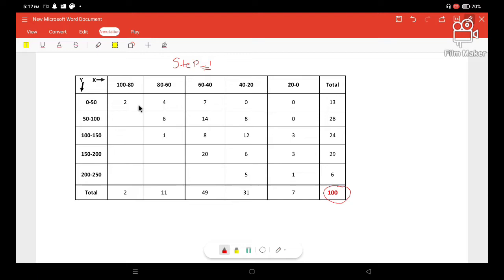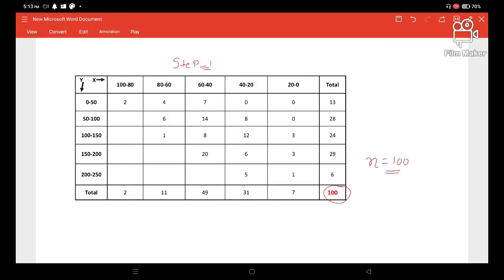We sum up horizontally as well as vertically, but the answer should be the common one, which is 100. Horizontally it is 13, 28, and so on, and when you total this up it is 100, and vertically it becomes 2, 11, 49, and the total becomes 100. So for this Karl Pearson correlation, our n is 100.